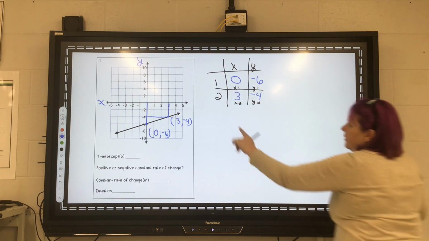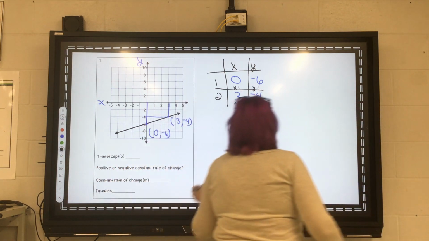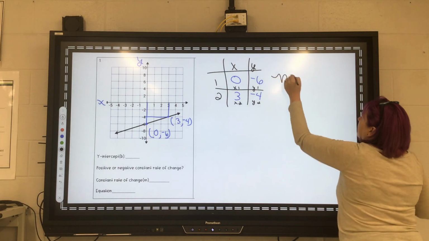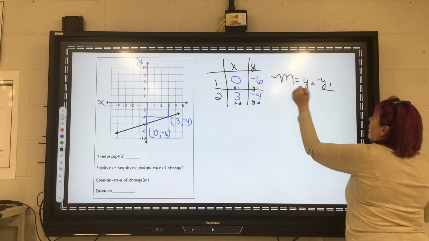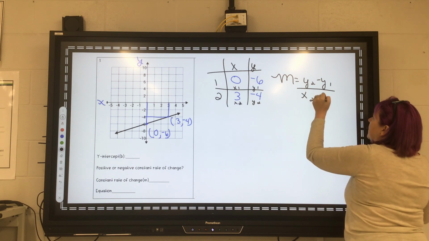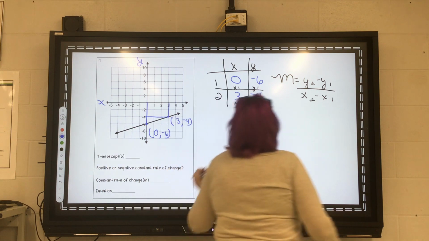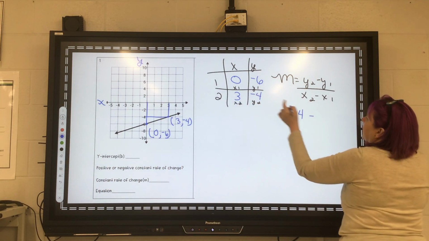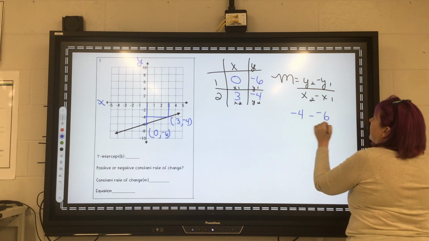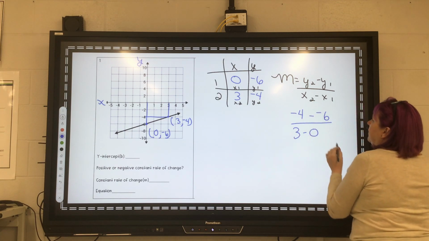I'm just plugging my numbers in, and now I have m equals y2 minus y1 over x2 minus x1, and I get y2 is -4 minus -6, x2 is 3 minus 0.